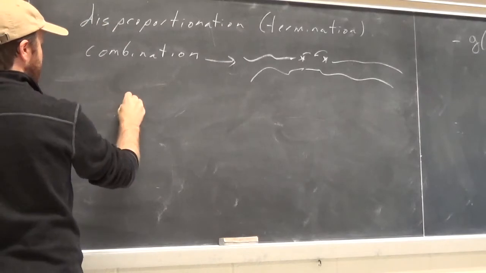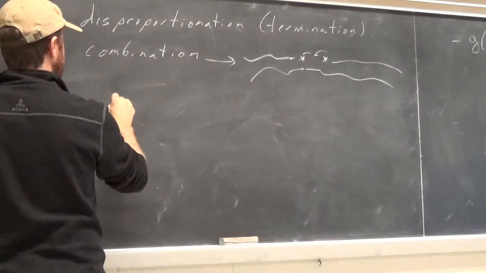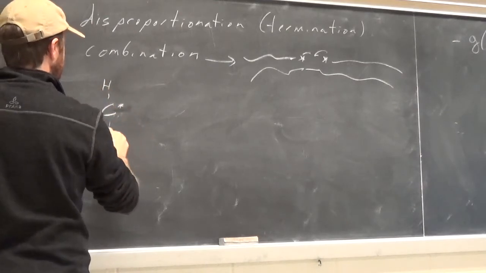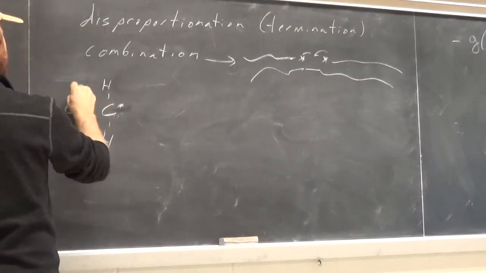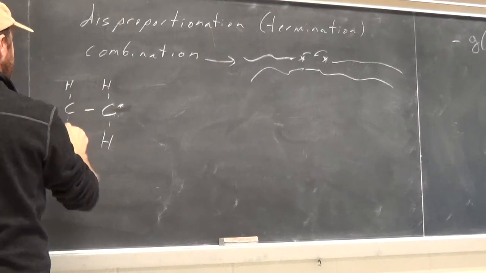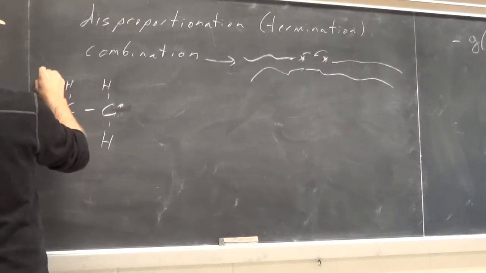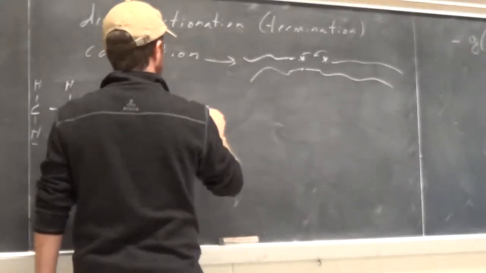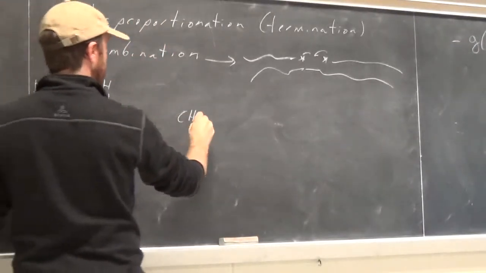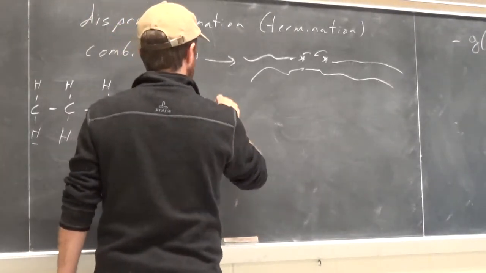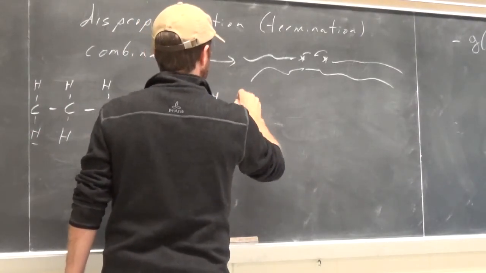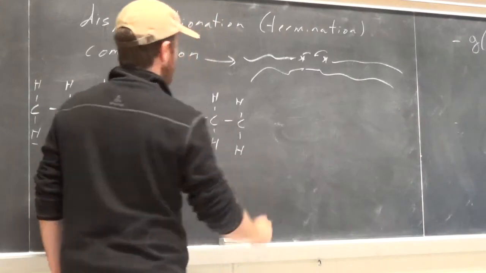Disproportionation, let's write it out. So we have a radical species. Let's do it with polyethylene because that's easy. And then we have another chain end.